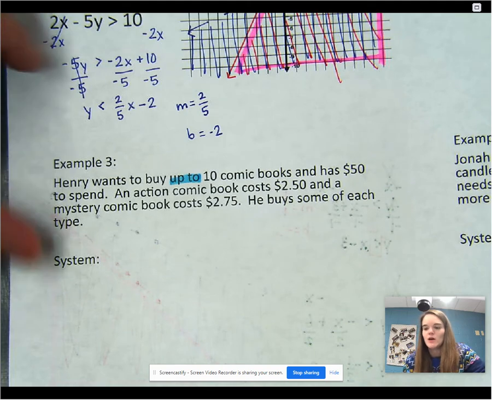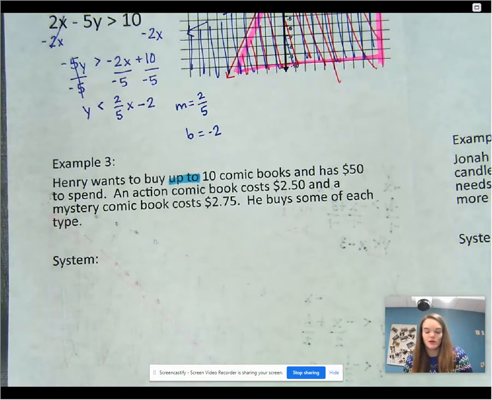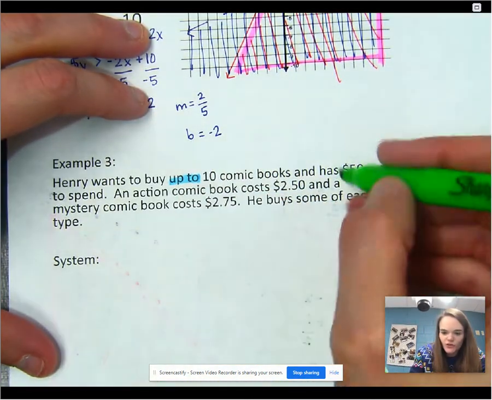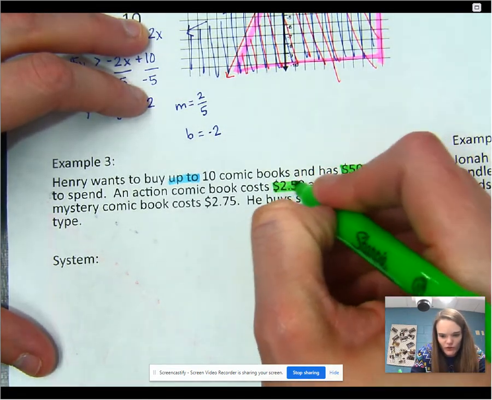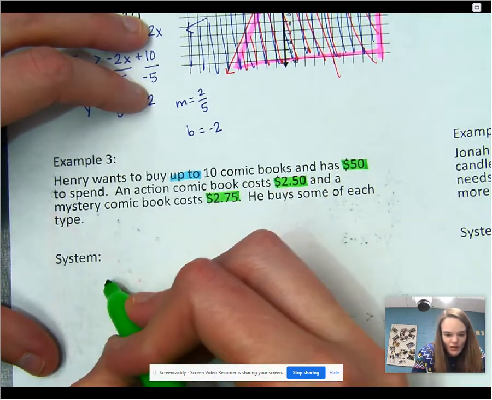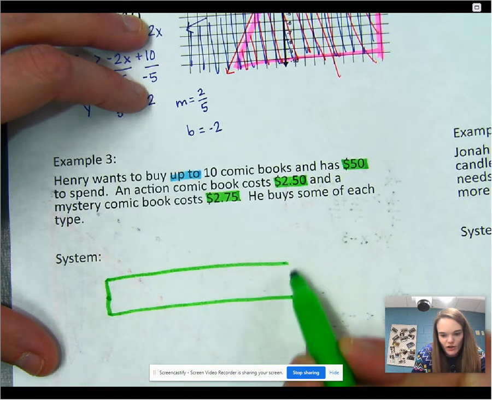Like we have done in the past, we are going to create a money equation. We're going to highlight that in green. He has $50. An action comic book costs $2.50 and a mystery comic book costs $2.75. That in green will be our first equation for inequality.